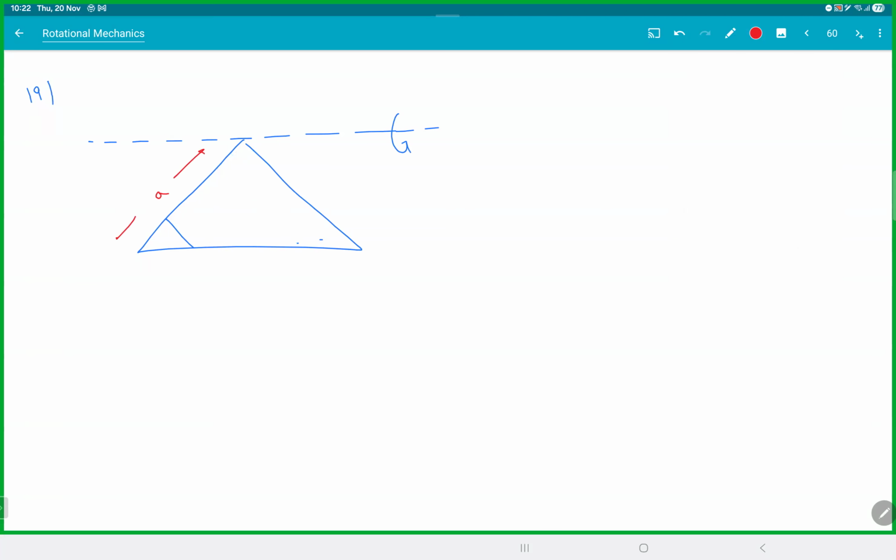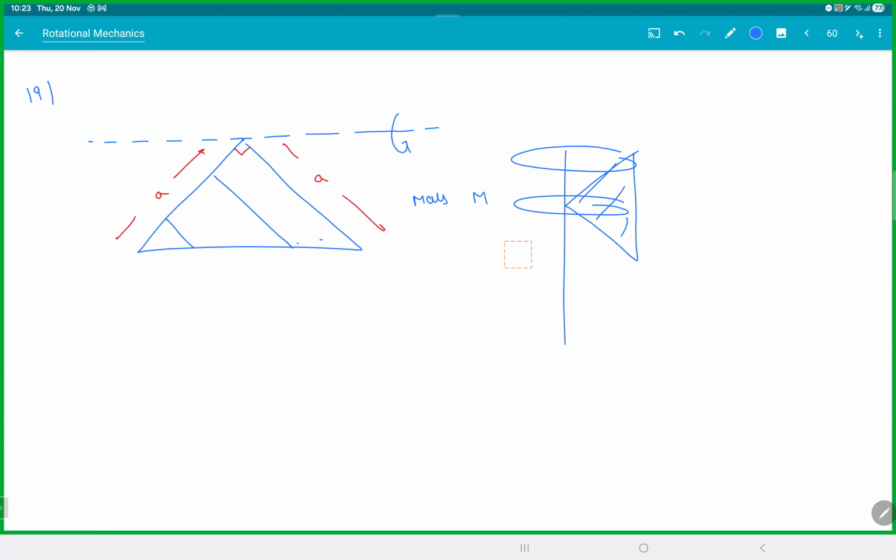This is A, this is A, and mass is M. Find the moment of inertia about this. So I'm not rotating about the base now. I'm rotating about the vertex, parallel to the base. Meaning the side view will look like this. Someone kept a triangle like this and this triangle is going in a circle. I hope you're able to visualize. That thing looks like a Dorito.